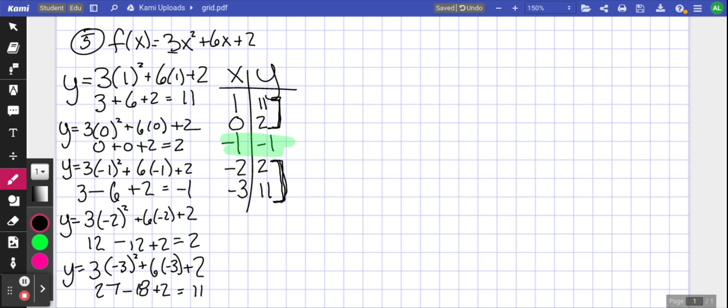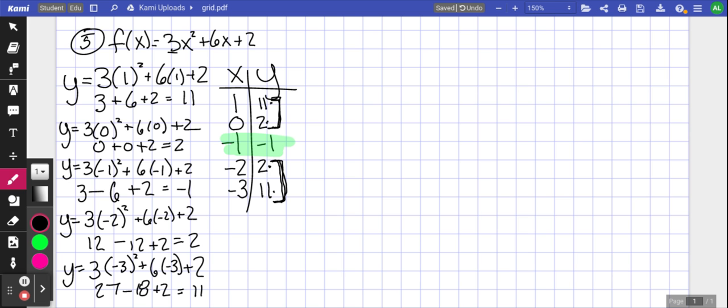It's not worth getting the wrong points to try and use a shortcut. But we see that these two that are just one away from my vertex, those are both 2. So I wouldn't have to do the math for -2. I would know that's just 1 over from my vertex, so I can also put 2. Same for 11 here, that's 2 away from my vertex. I can just copy that 11. Okay, we have 5 points, so now I can go ahead and graph.